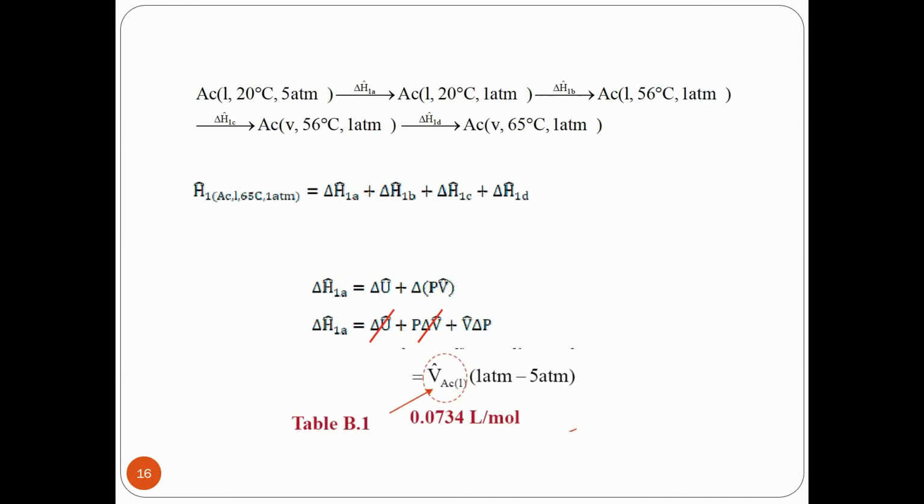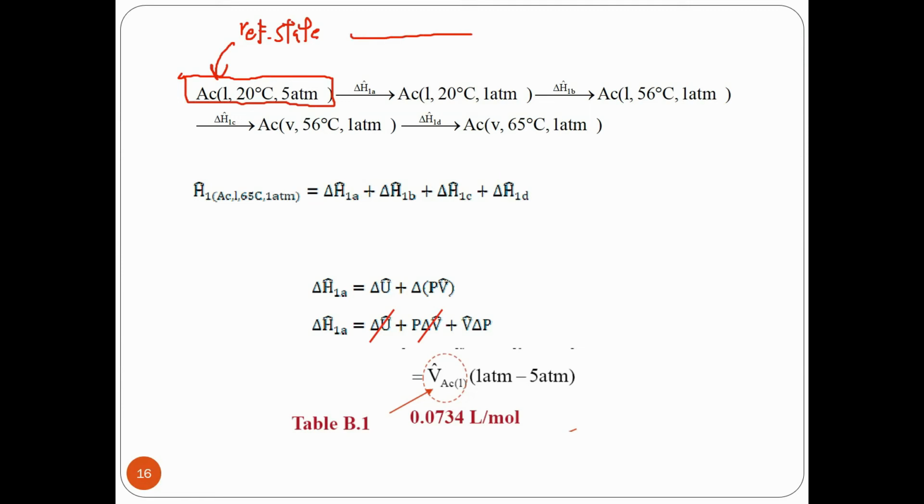Let's start the process to determine our H1. You know our reference state for the acetone is acetone liquid at 20 degrees Celsius and 5 atm.